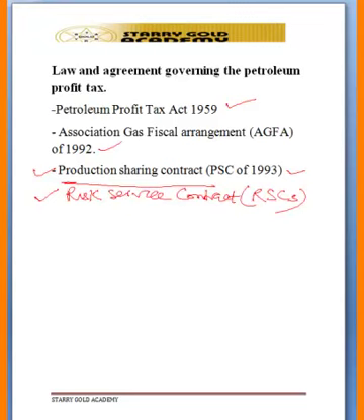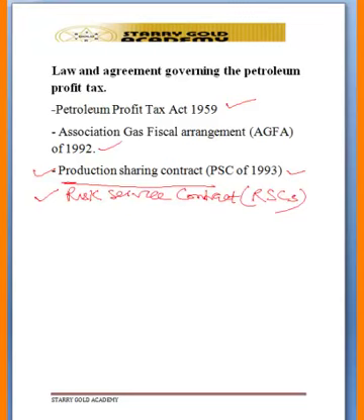For this service contract, we are looking at a situation that is called an operation or work contract. This contract usually has a duration that does not exceed 5 years, and it relates to a single block in the oil field.